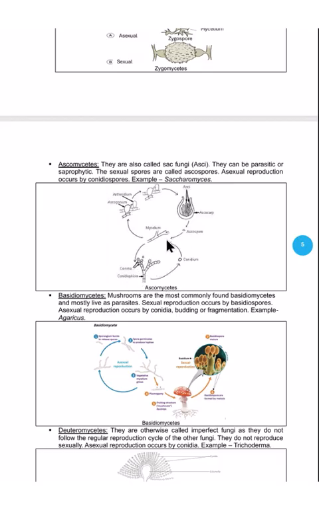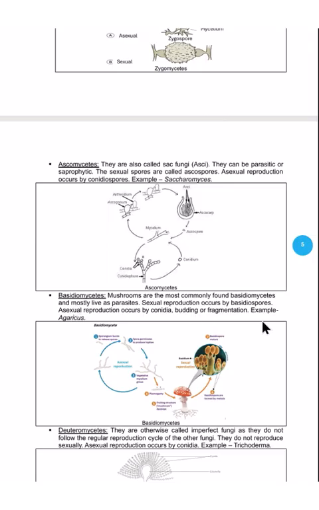They produce ascospores based on sexual and conidiospores based on asexual reproduction. At this level, as I mentioned, you just need to know the types of spores, not the life cycle or the reproductive cycle. We will speak about this more when we come to the reproduction of fungi.